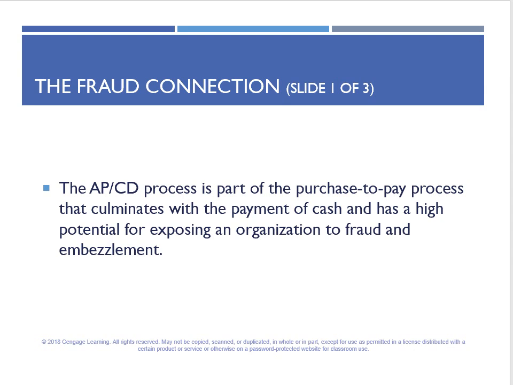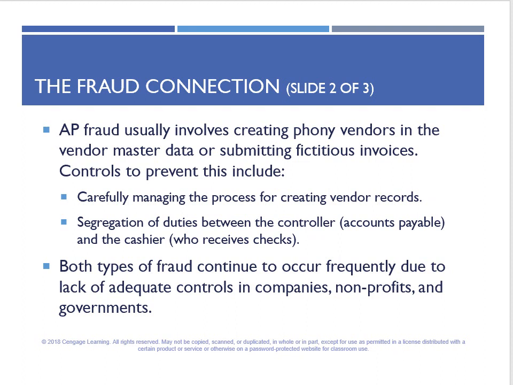Now, there is a lot of fraud that can happen in these steps. And of course, the easiest one is we need to make sure that the vendor we have in the system is a valid vendor. It's not a fictitious company, it's a verified vendor, verified product received, verified services received, and so on.